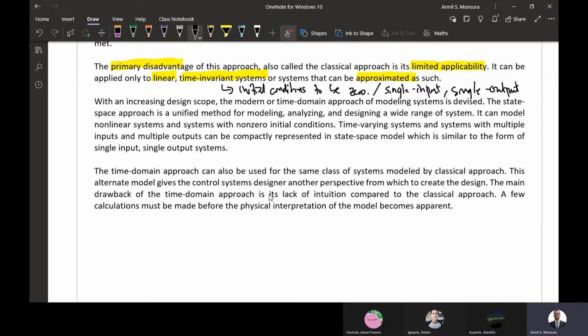Now, ang importante sa atin ngayon is maintindihan natin yung konsepto ng modeling at yung konsepto ng analysis muna and then yung konsepto ng design, okay?